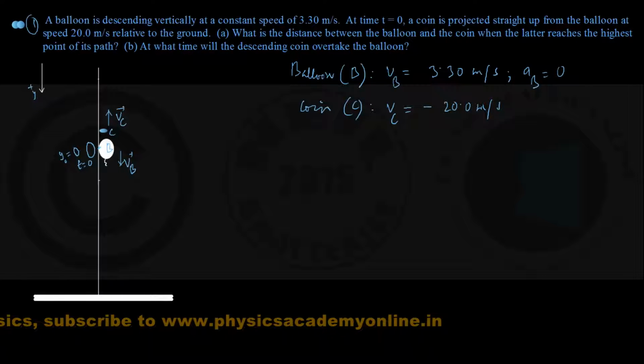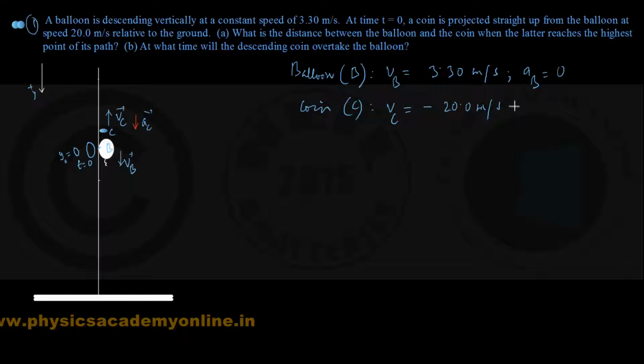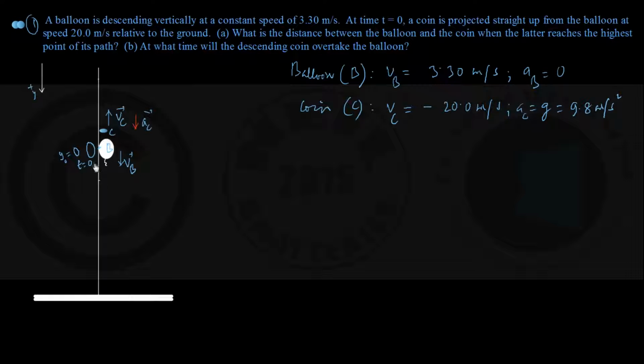And as I already said, acceleration possessed by the coin during its motion, that is AC, is equal to the free fall acceleration g, that is downward, hence positive 9.8 meters per second square. Now with this information, let's see what they are telling.